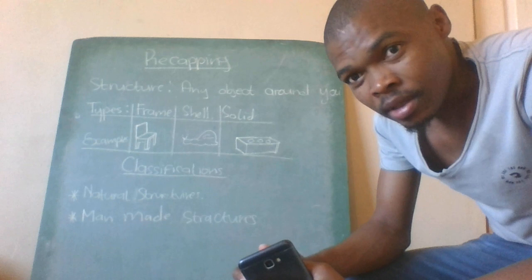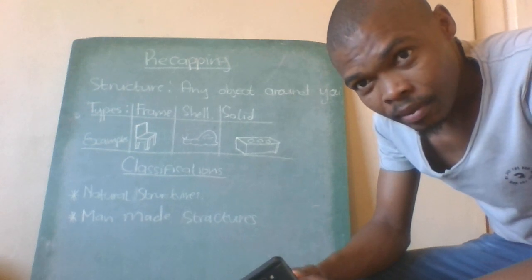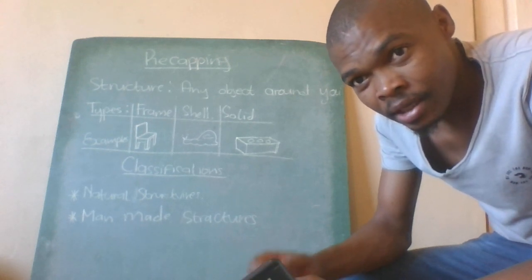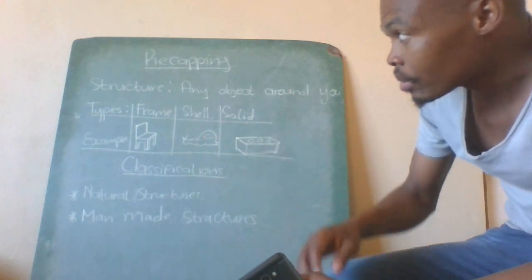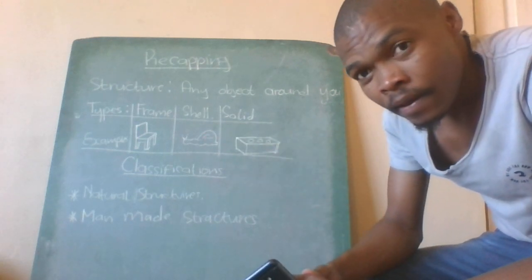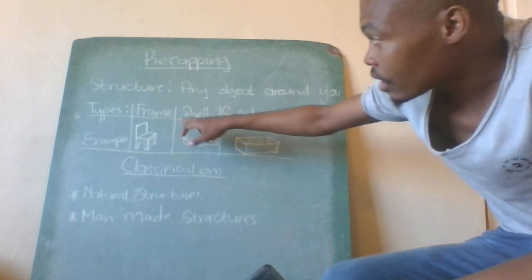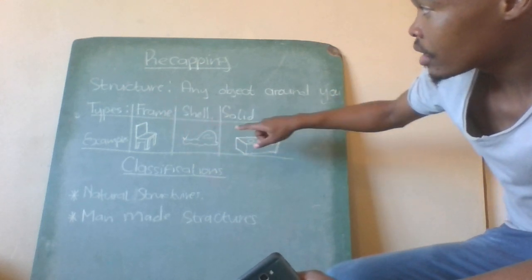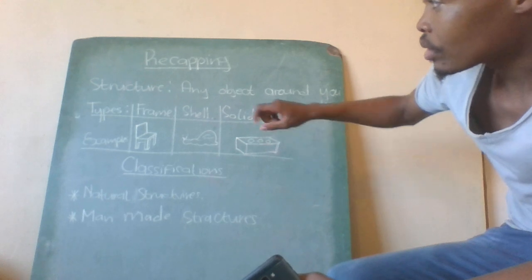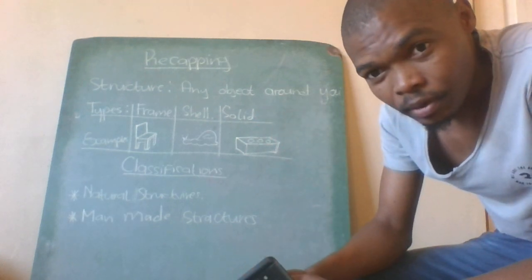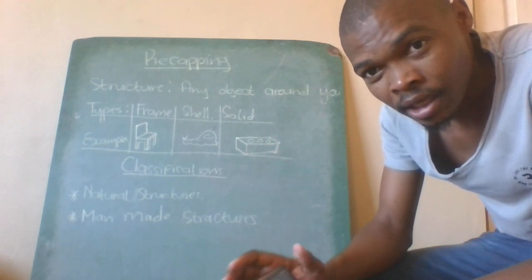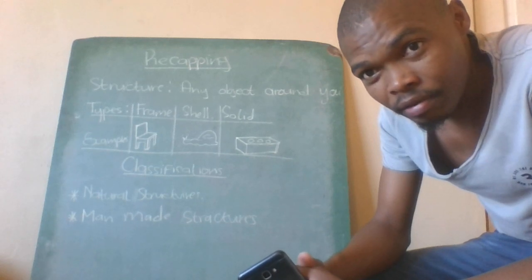That object becomes a structure. And structures come in three types as illustrated in the board in front of you. The first type of a structure is a frame structure. The second type is a shell structure. The third type is a solid structure. So are the three types of structures that we have.